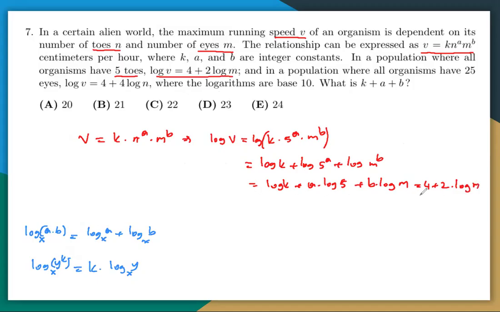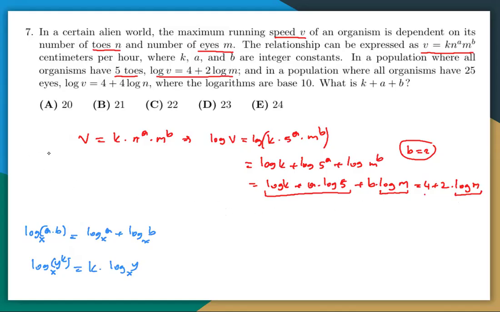So in order for them to be equal, the number in front of the log m on both sides has to be the same, which means b and 2 have to be equal to each other. So b is 2. And you don't really care about the rest because the 4 is just going to be equal to some leftover. There is no need to use that for now.